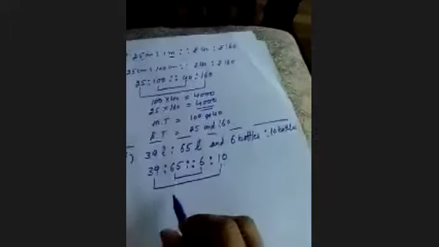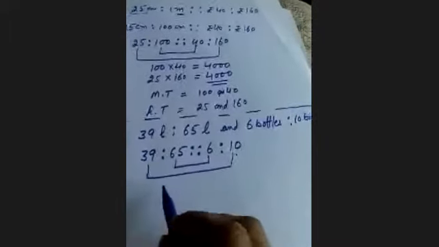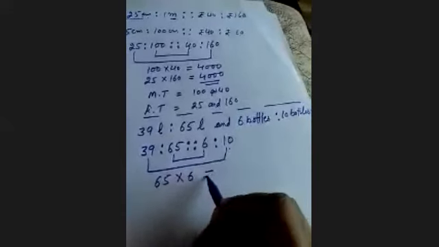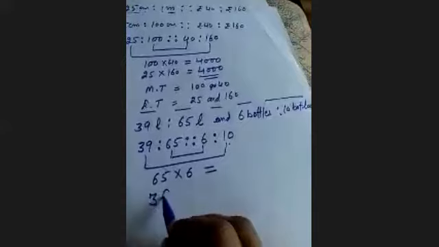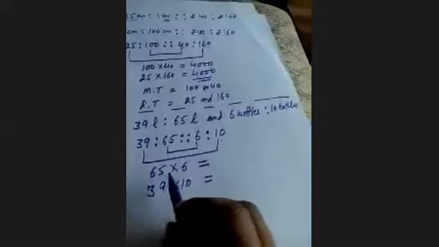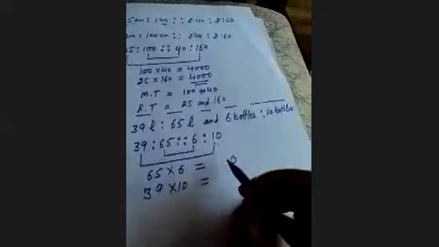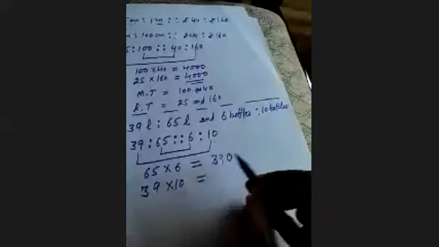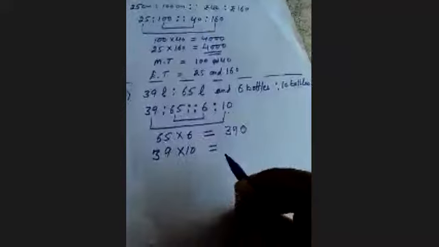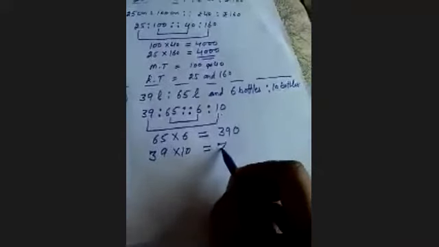Now product of middle terms, 65 into 6 and 39 into 10. Now 65 into 6 is 390, and 39 multiplied by 10, we get 390.